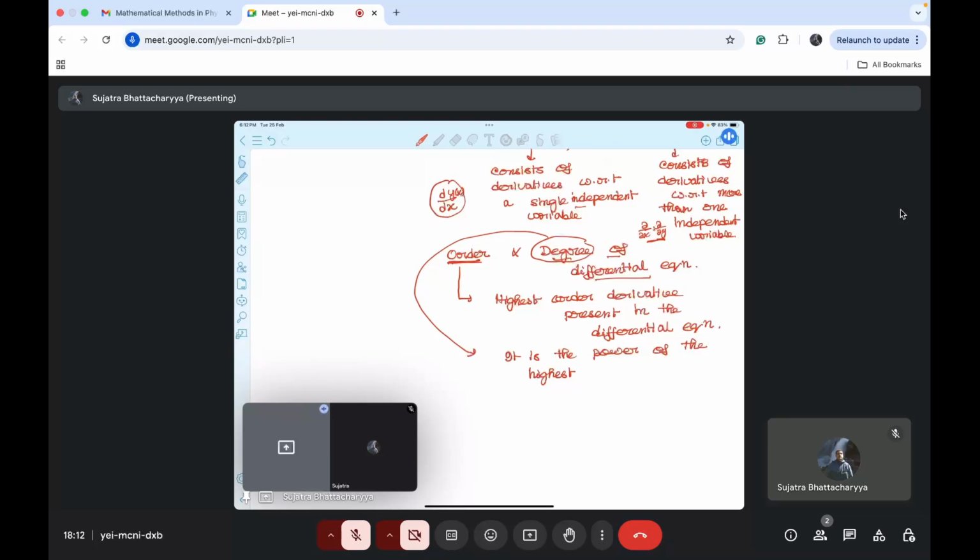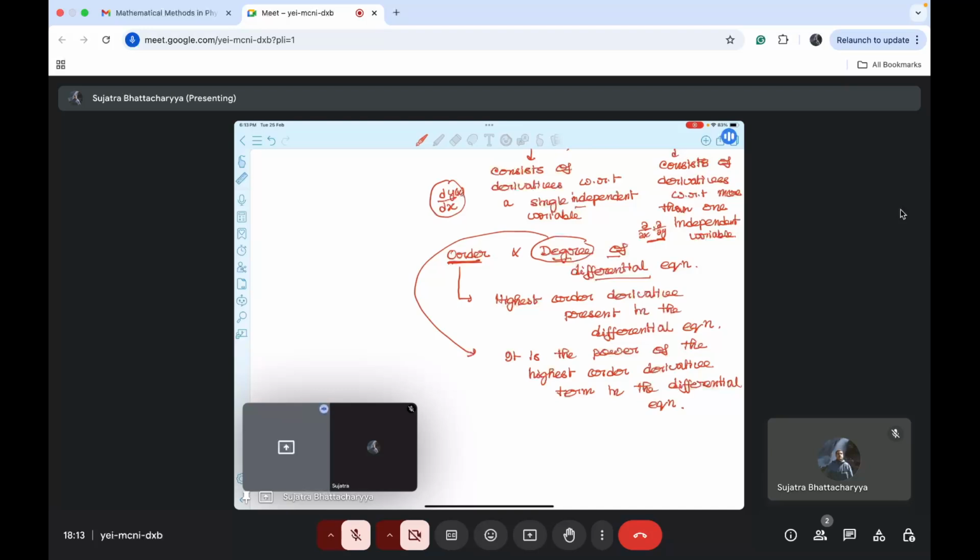So it is the power of the highest order derivative term in the differential equation. All right. So these are the definitions of order of a differential equation and degree of a differential equation.